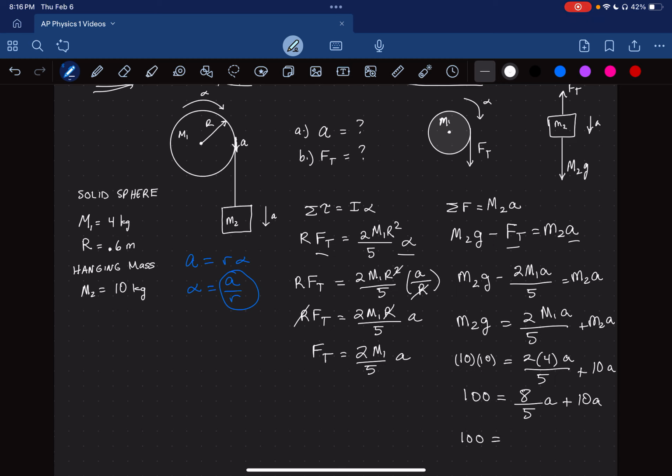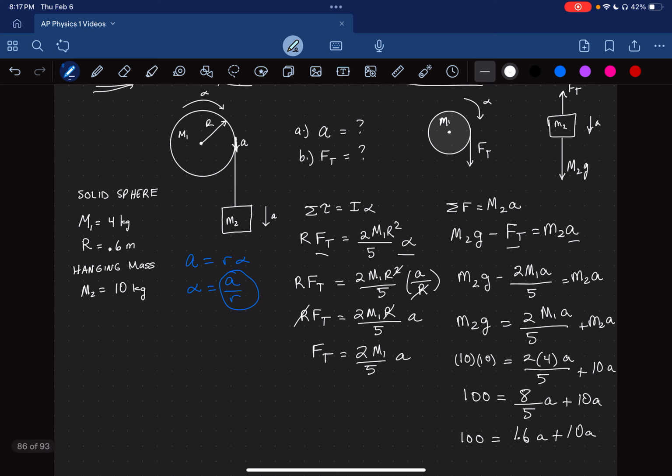Okay, what does this come out to? This is 1.6a plus 10a.